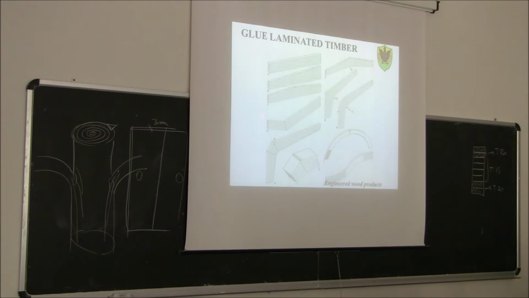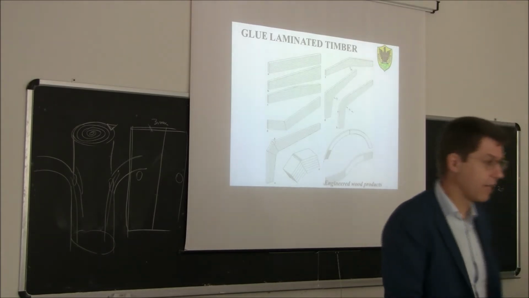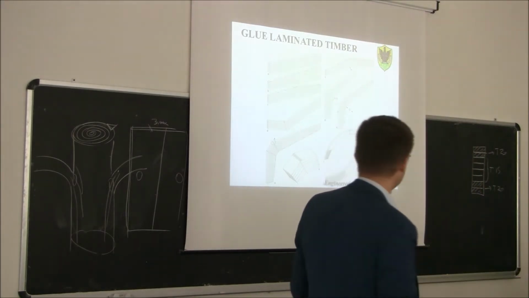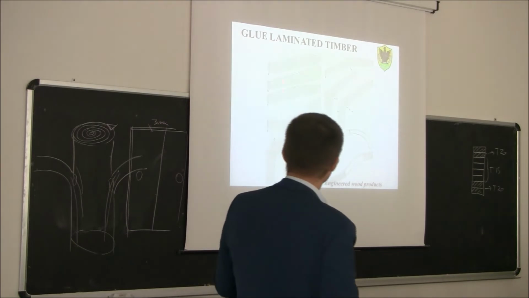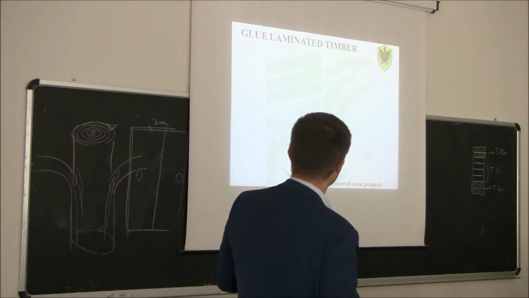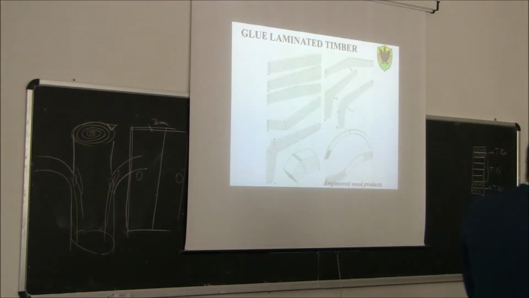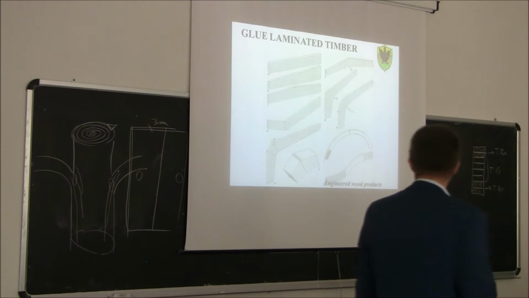Here you can see different shapes of beams. Of course, glue laminated beams cost less if they are of standard size. Standard size is a straight shape. But then you can see that often you also use this kind of tapered beam, where you optimize basically: you have the higher cross section where you also have the higher bending moment.